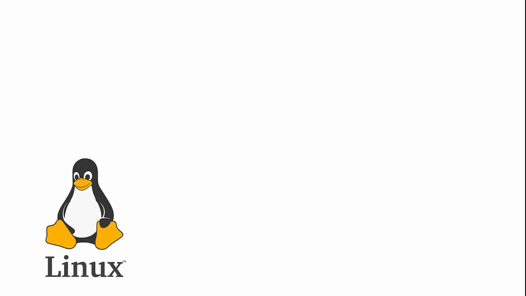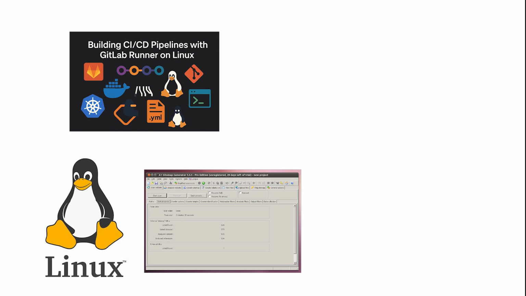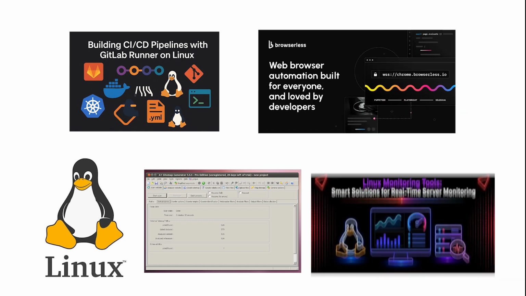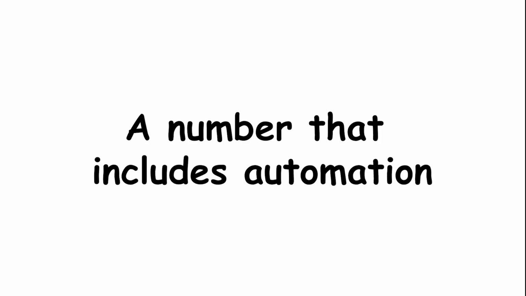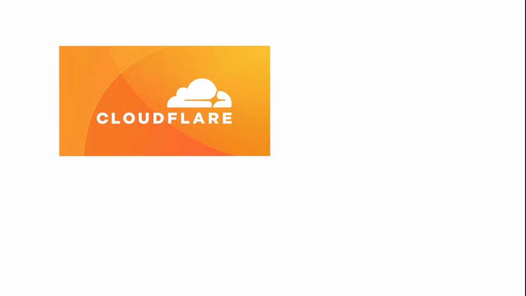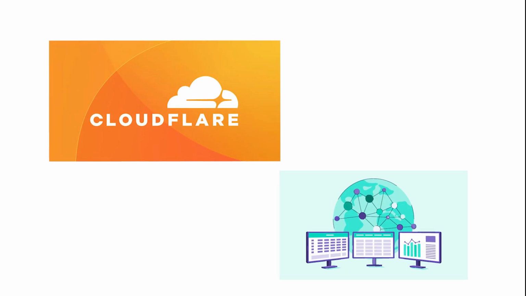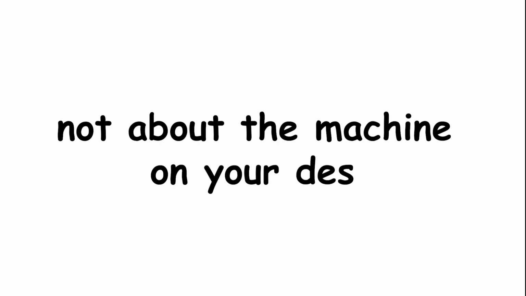Linux runs the servers. It runs the scrapers, the CI runners, the headless browsers, and the monitoring agents. A number that includes automation will overstate Linux by design. Cloudflare is a real signal. It is a signal about network traffic, not about the machine on your desk.